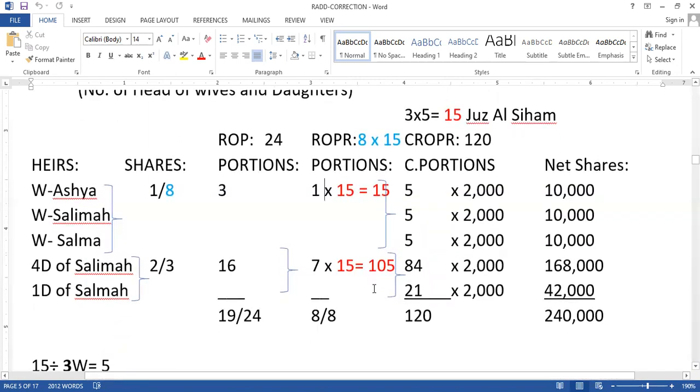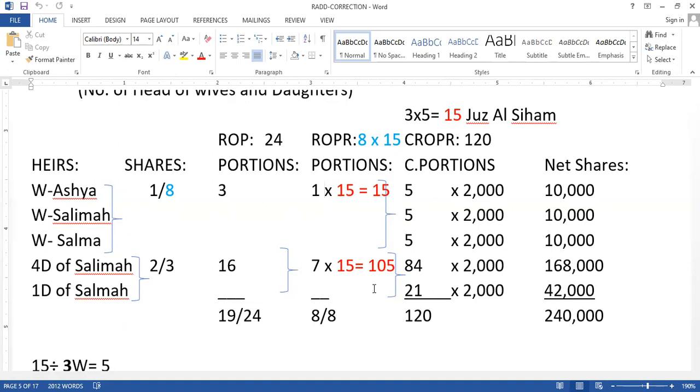Ito class, hindi na pala natin kailangang mag-solution B kasi isang group of sharer lang man siya. Diba? Automatic na mapupunta lahat yung residue doon sa isang group of sharer. Magso-solution B lang tayo if 2 or more group of sharer ang kasama ni spouse. No?